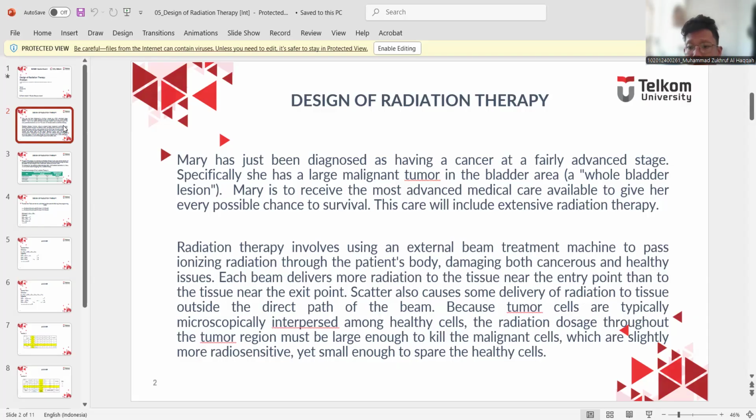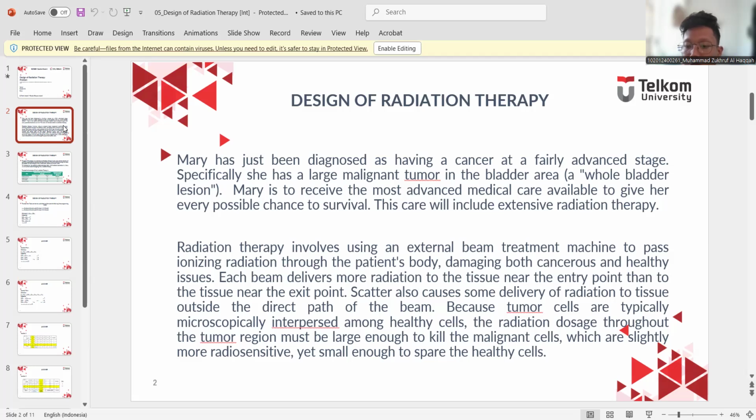This problem focuses on patient Mary, diagnosed with a large malignant tumor in the bladder area. Extensive radiation therapy is required.